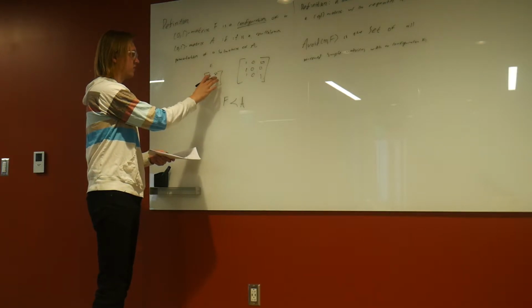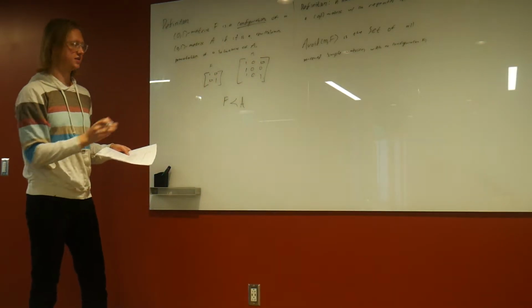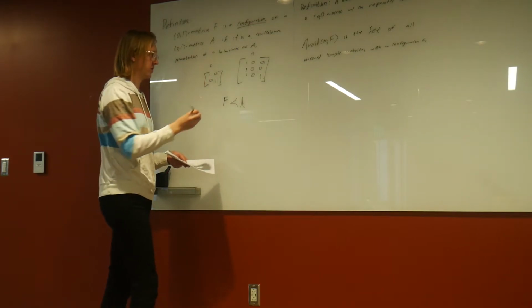If this is the thing we're trying to avoid, we can find no submatrix in A that's a row or column permutation of this. That's why it's suggestively named Avoid. We are avoiding this smaller matrix F.